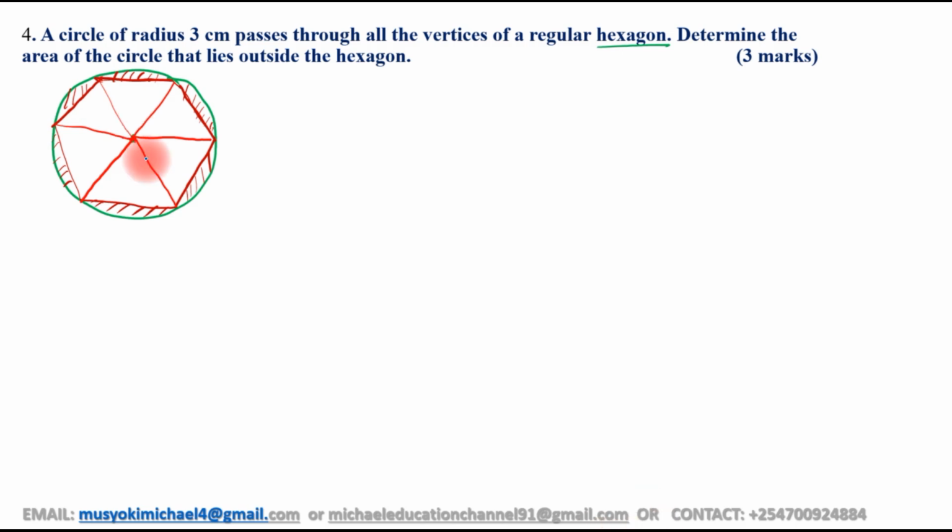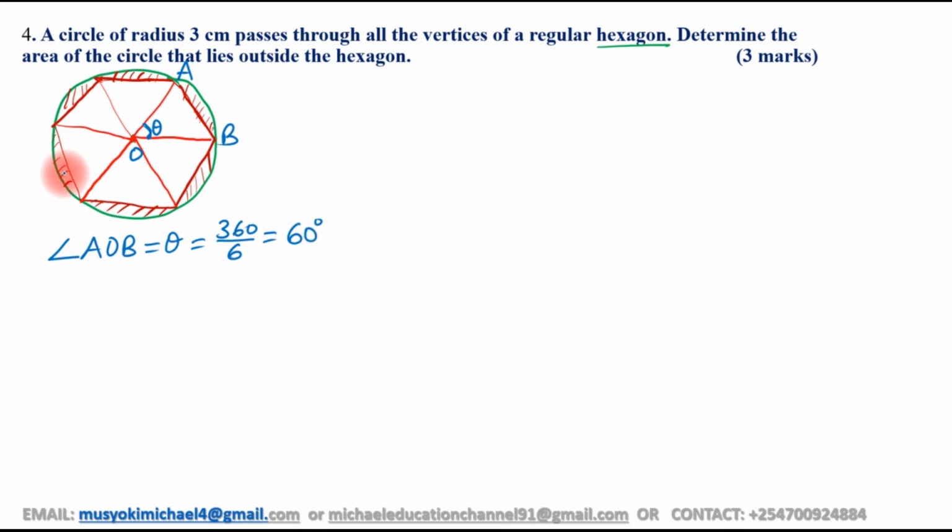So, if O is the center, then I have these points A, B. I can get this angle theta, and to get the angle theta, that is angle AOB, which is theta, will be equal to, angle at a point is 360, I divide by 6 faces, which is 60 degrees.